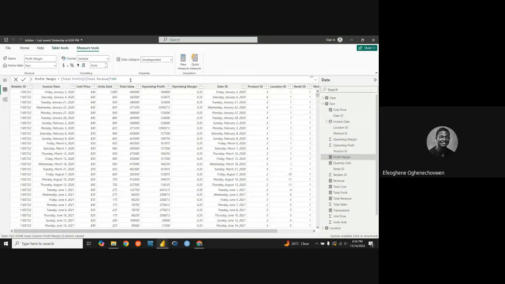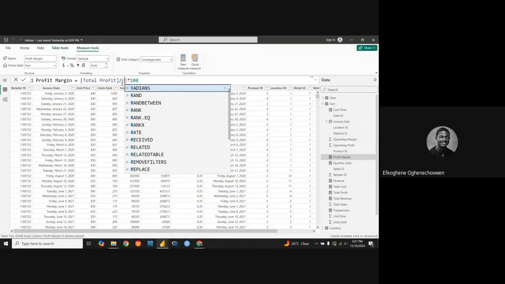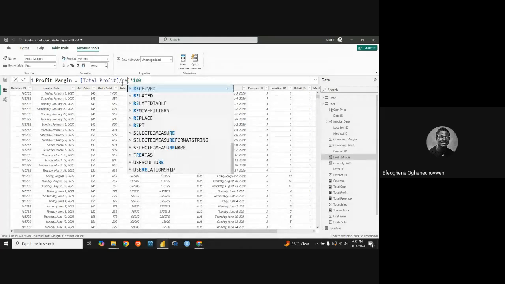All right, we got this fixed. I have two measures, if you observe, two total revenue measures. This shouldn't be total revenue. This should be revenue, I believe. No wonder.